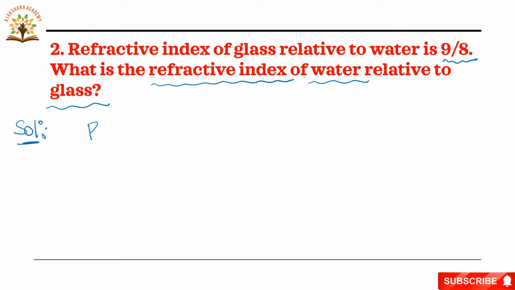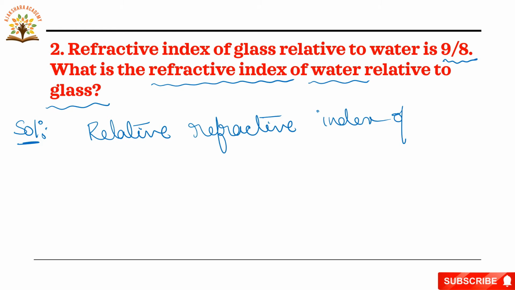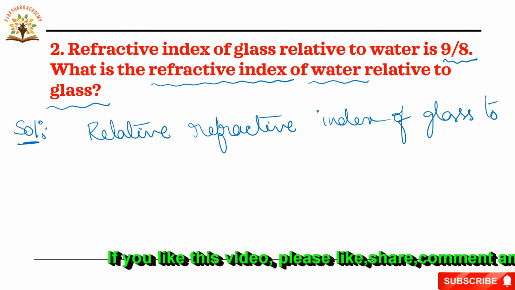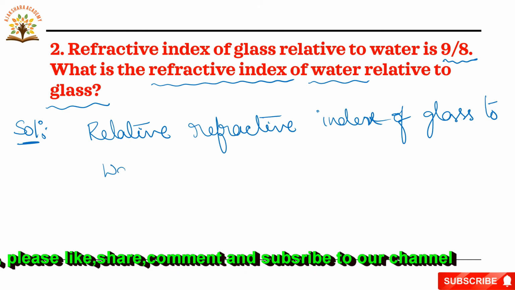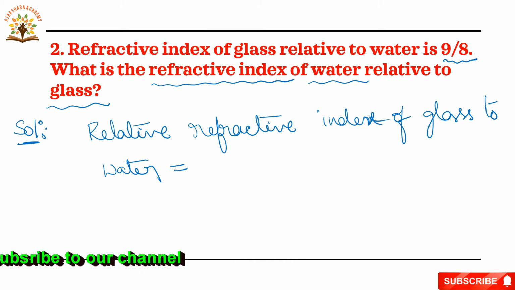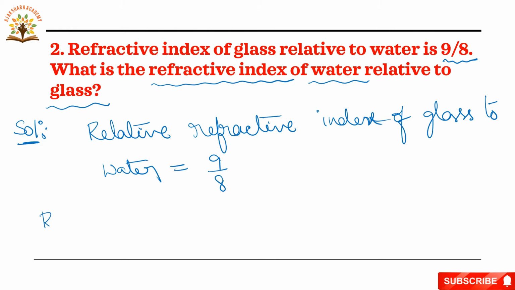Given: the relative refractive index of glass to water is 9/8. The refractive index of water relative to glass is 1 by 9/8.